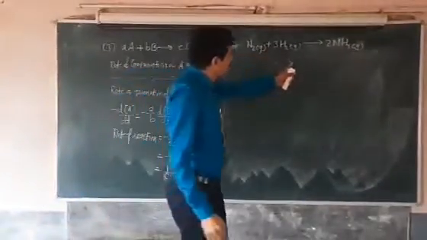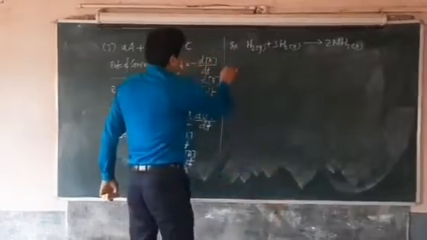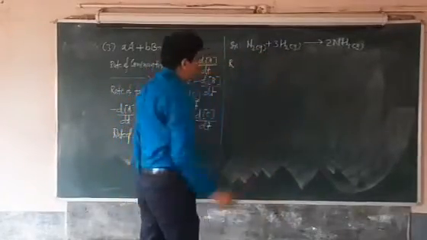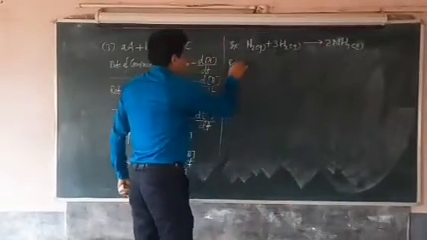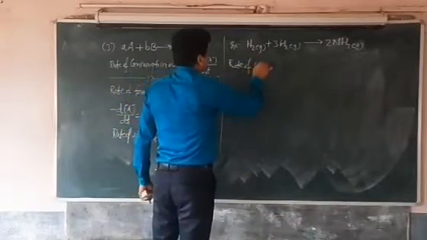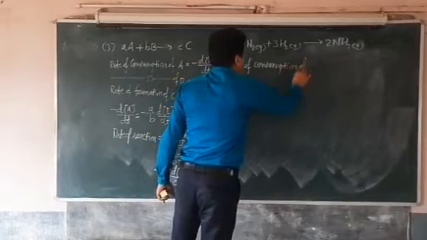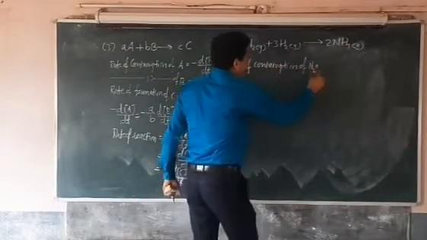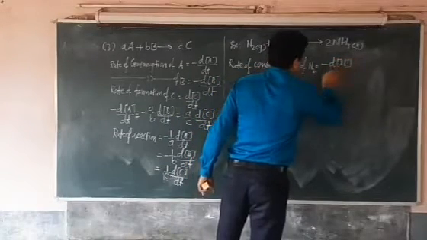Nitrogen and hydrogen are the reactants while ammonia is a product. So here nitrogen and hydrogen get consumed while ammonia gets produced. So the rate of consumption of N2 will be equal to minus dN2 by dt.